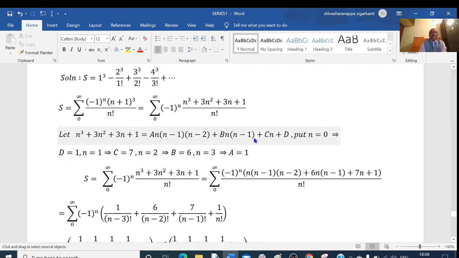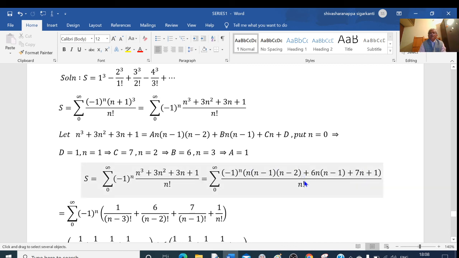So I am getting D equal to 1, C equal to 7, B equal to 6 and A equal to 1. Then writing this here, A equal to 1 into n minus 1, n minus 2 plus B, which is 6, into n minus 1 plus C equal to 7, 7 into n plus D equal to 1, 1 whole divided by n factorial.